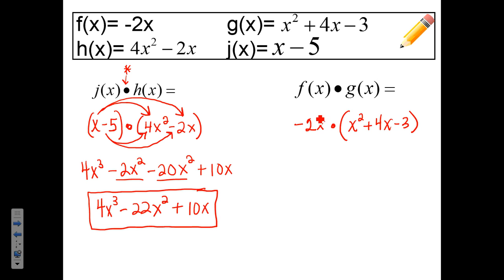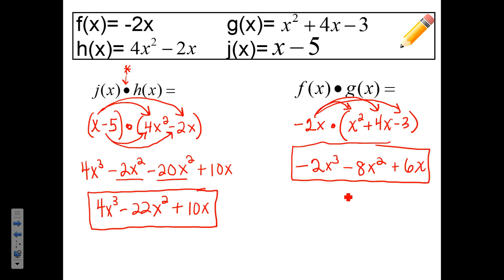So I can take negative 2x times x squared, which is negative 2x cubed, negative 2x times 4x, which would be negative 8x squared, and negative 2x times negative 3, which would be positive 6x. They're all ordered from the largest to the smallest, and we don't have any like terms. So we can go ahead and just say that is the answer.